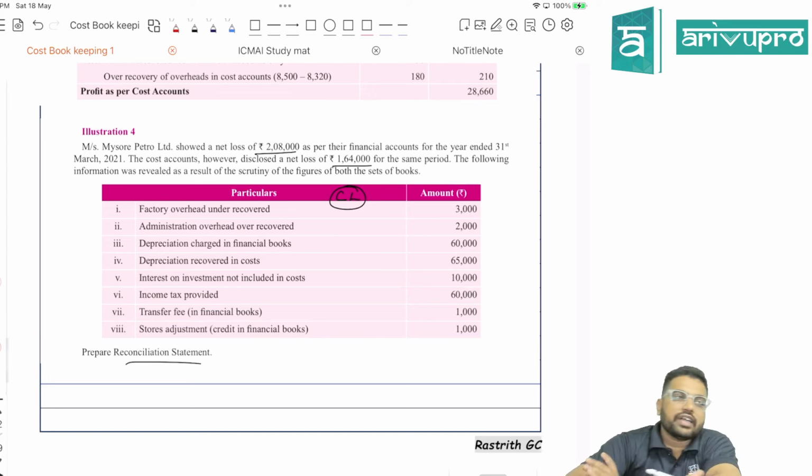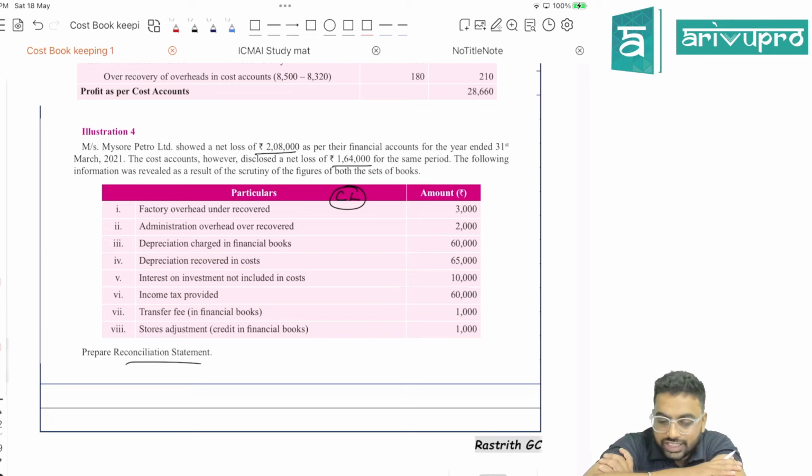Factory overhead under recovered, sir. Factory overhead under recovered means in our cost books, we showed a less expense. So when we showed a less expense, as per our cost, loss is also less, sir. But as per our financial accounts, we showed more expense.